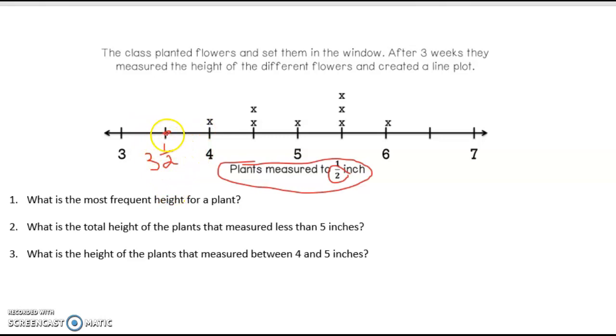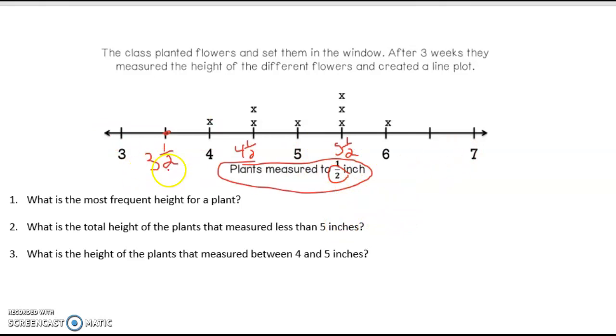This is the first space out of 2. 1 over 2, a half. If this is 4, then this is 4.5. If this is 5, what's this? 5.5.